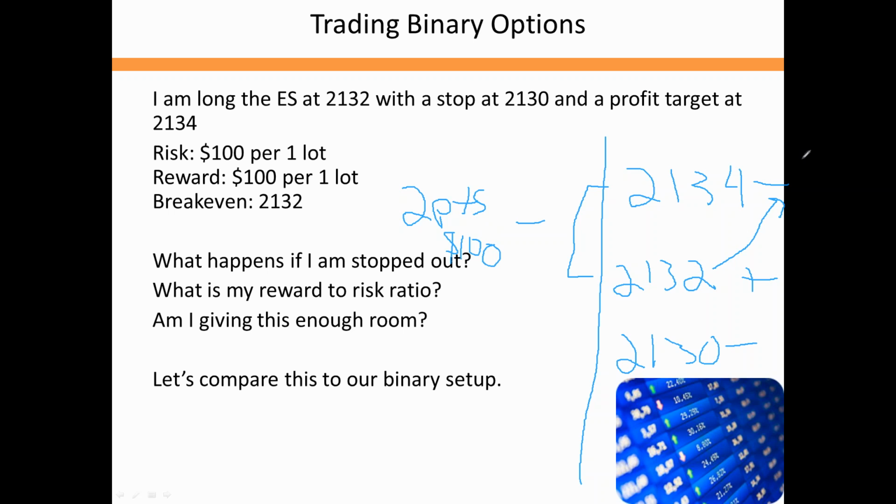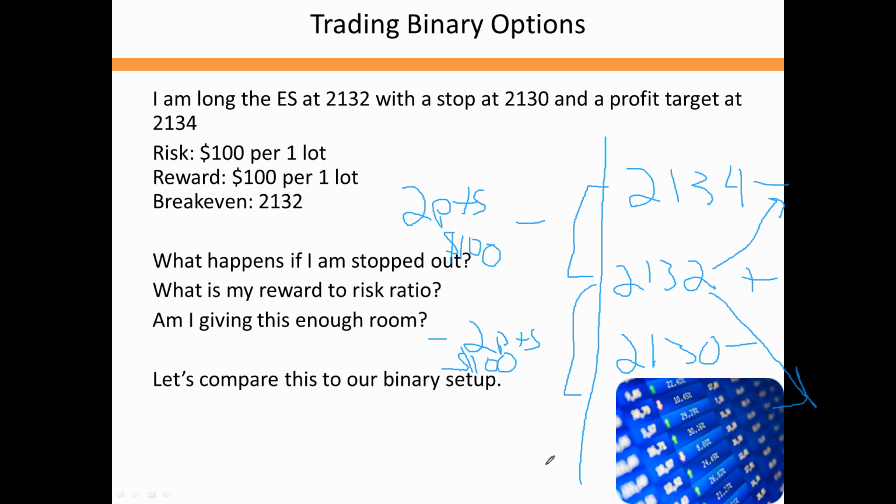Now let's say that rather than rallying, the market sold off and broke below 21.30. Well, I'd get stopped out and I'd have a loss. I would lose 2 points. Would lose $100, okay?